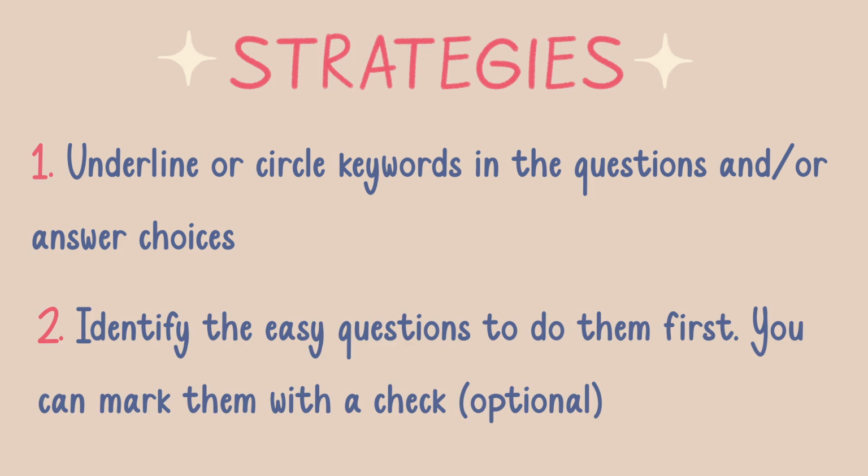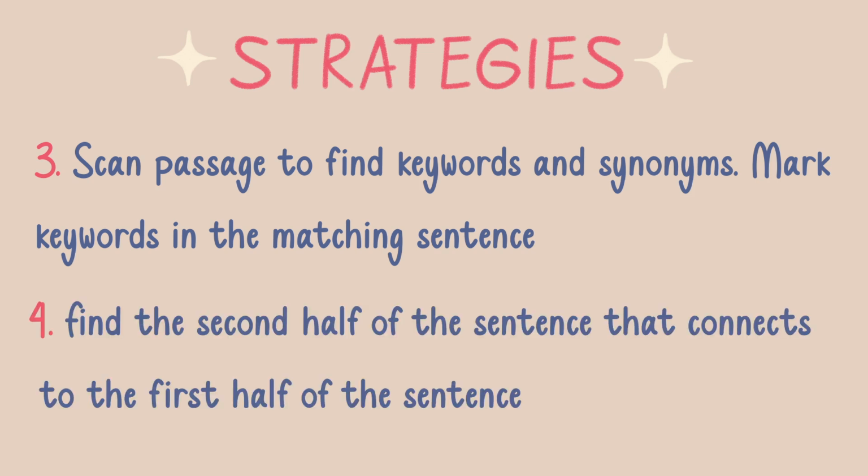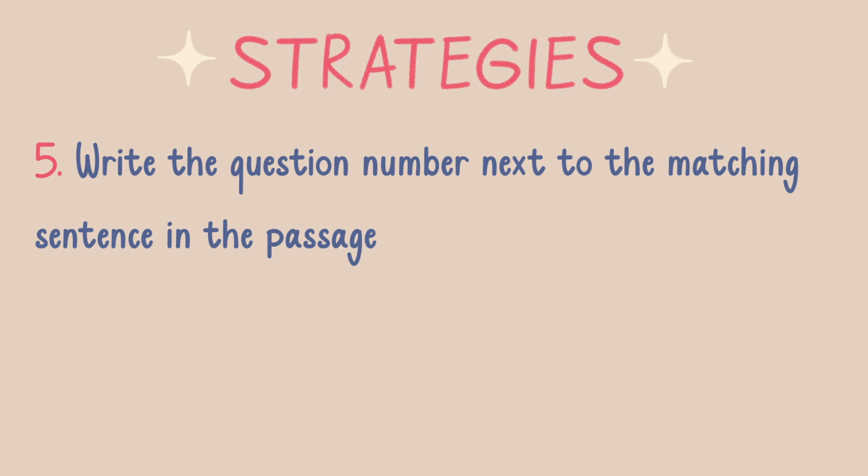You can mark them with a checkpoint, and then you scan the passage to find those keywords and synonyms, and then you mark those keywords in the matching sentence, and then you find the second half of the sentence that connects to the first half of the sentence. And the final step is to write the question number next to the matching sentence in the passage. These are our 5 basic steps that we have to follow in order to find the answer for the questions in this kind of question type.